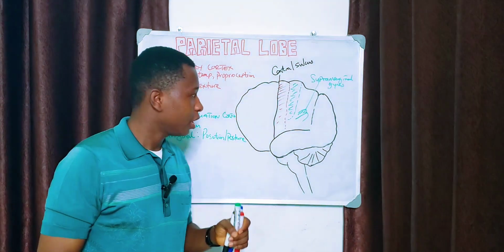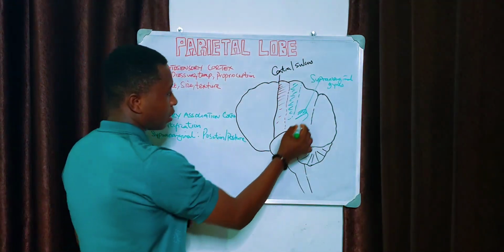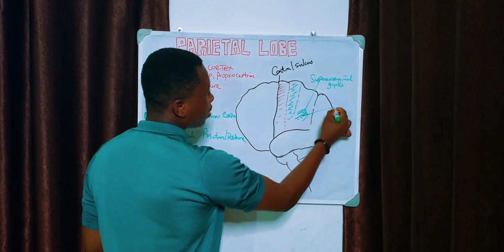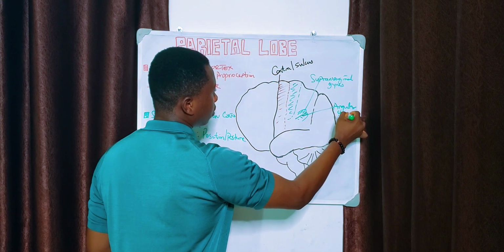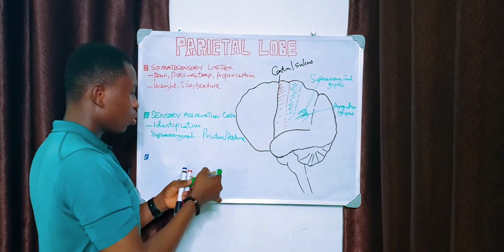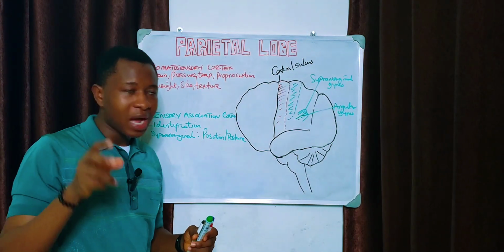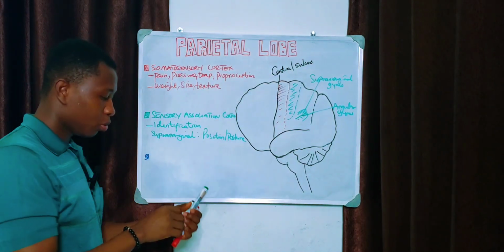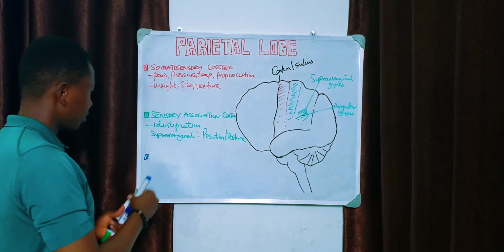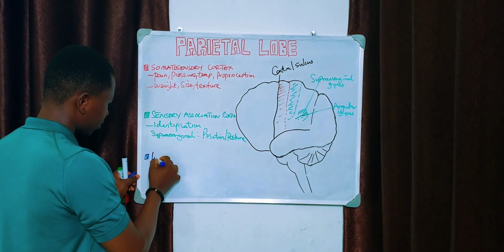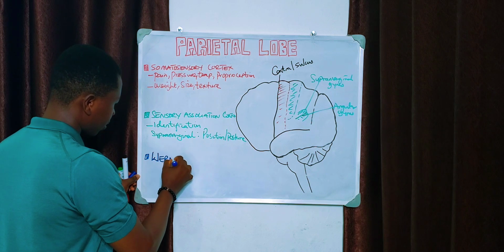Okay, now we also have this one. This is called the angular gyrus. Now the angular gyrus works hand in hand with the third part of the parietal lobe, which is the Wernicke's area.